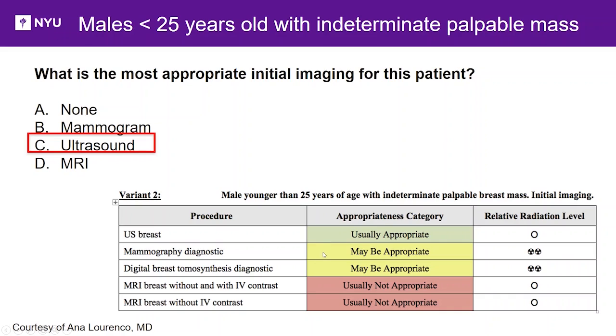Usually appropriate, maybe appropriate, or usually not appropriate. So here you can see right away, MRI is not appropriate. Imaging with either mammography or tomosynthesis may be appropriate, but ultrasound should be the initial test to diagnose and further work up this indeterminate palpable breast mass in a male who's younger than 25.